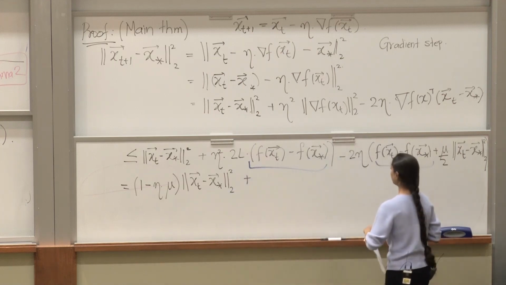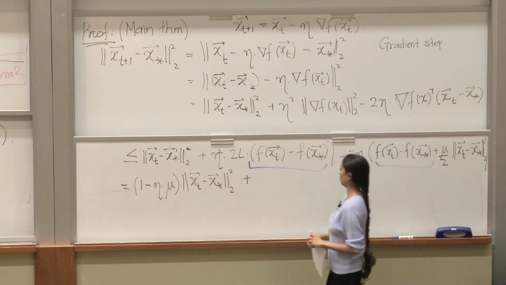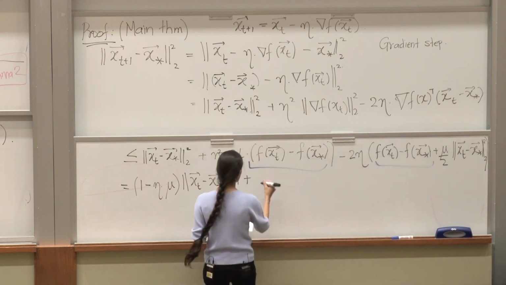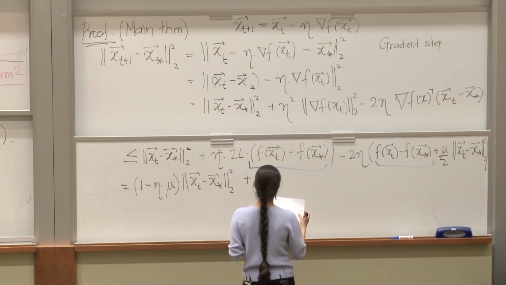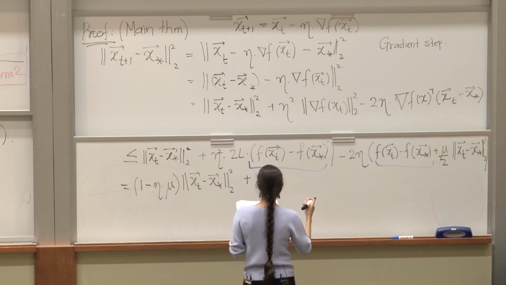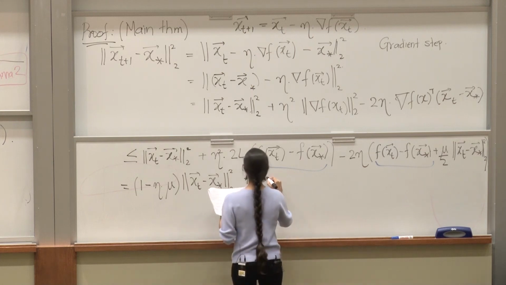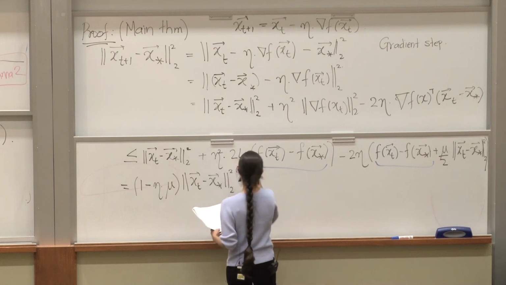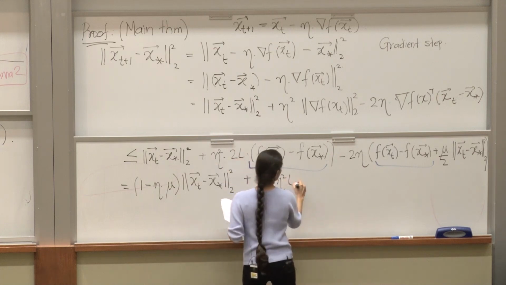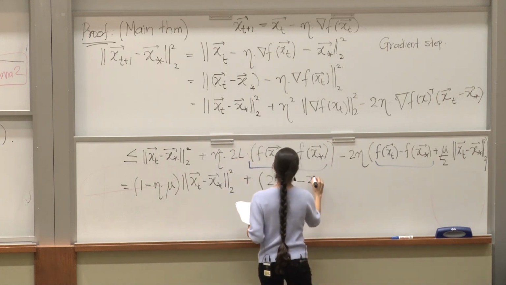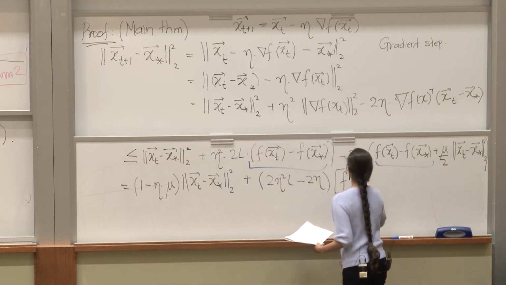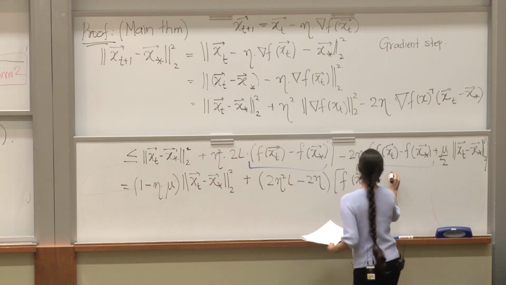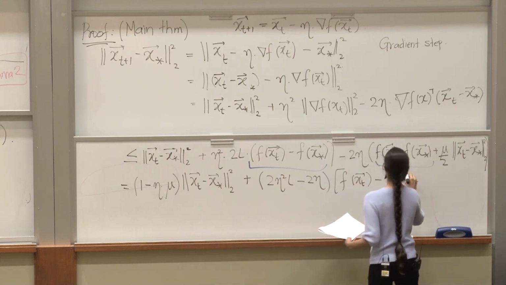These blue terms match. And so there, what do I get? I get 2 eta squared L minus 2 eta times f of xt minus f of x star.